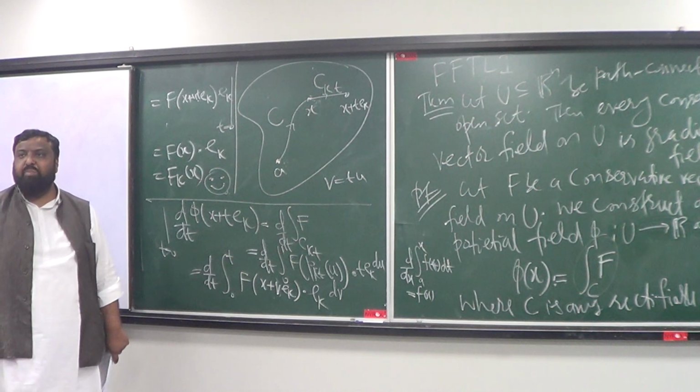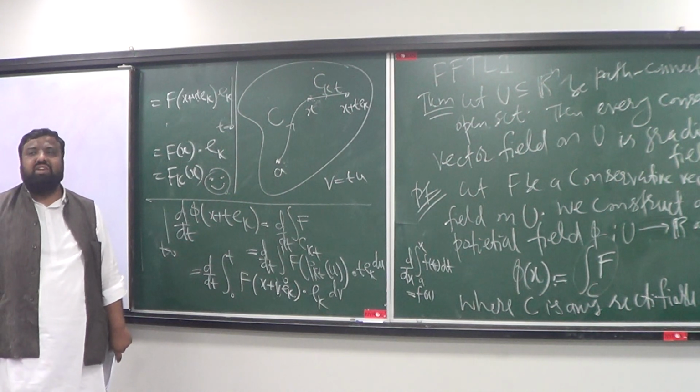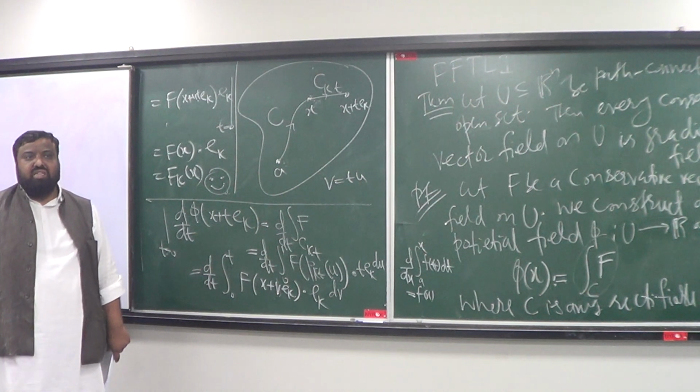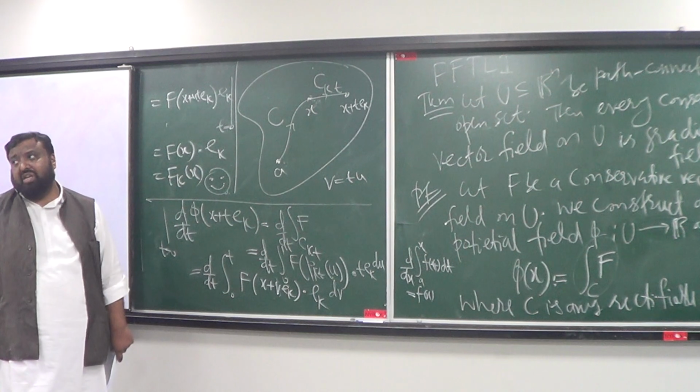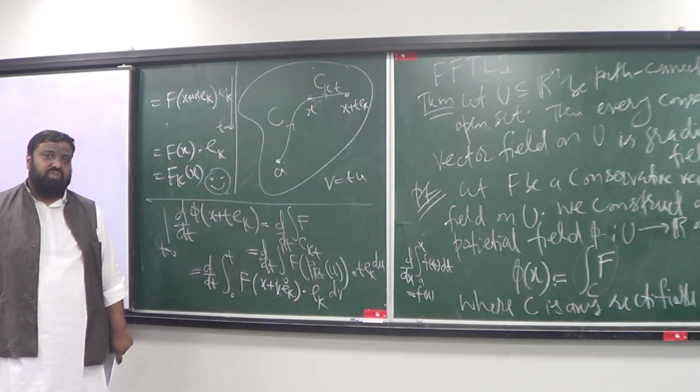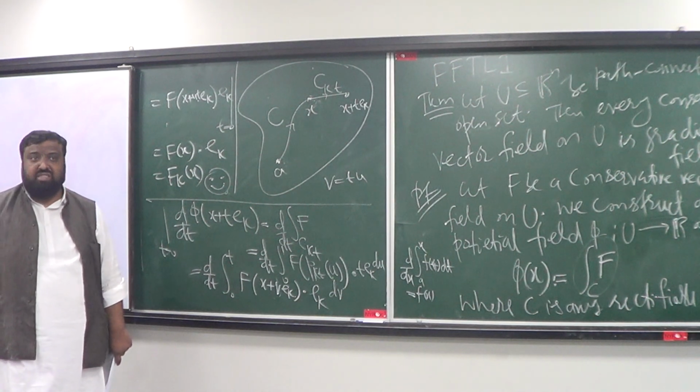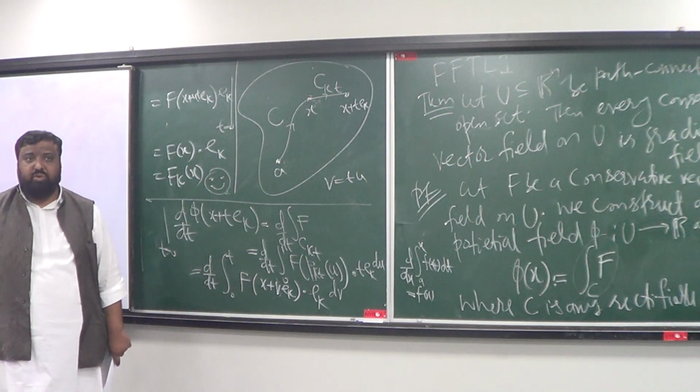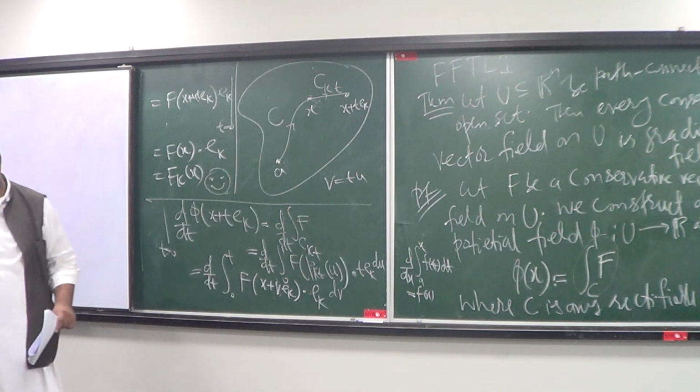In other words, can I have a result that gives a sufficient condition such that if it is true, then your field is a gradient field? The answer is yes, you have what is called the Poincare lemma. Okay, so let's talk about it.